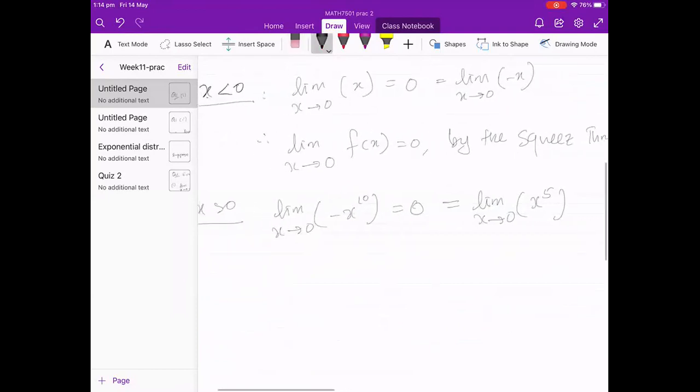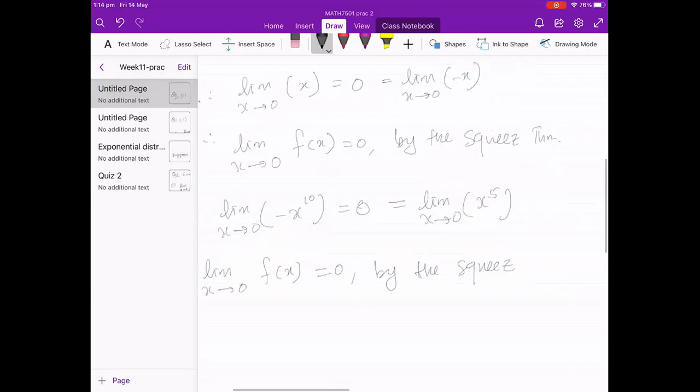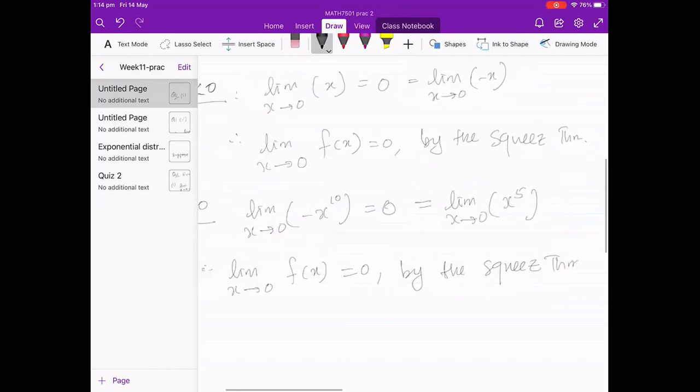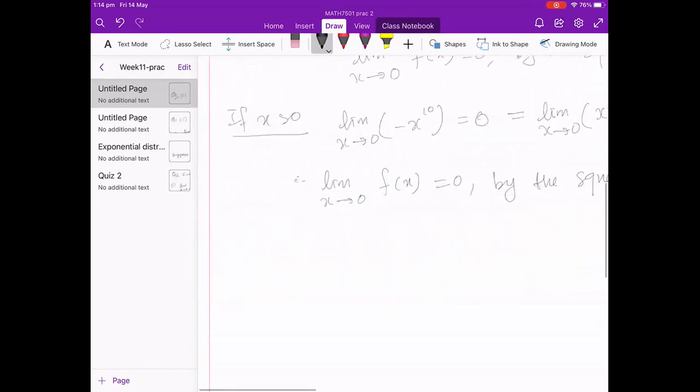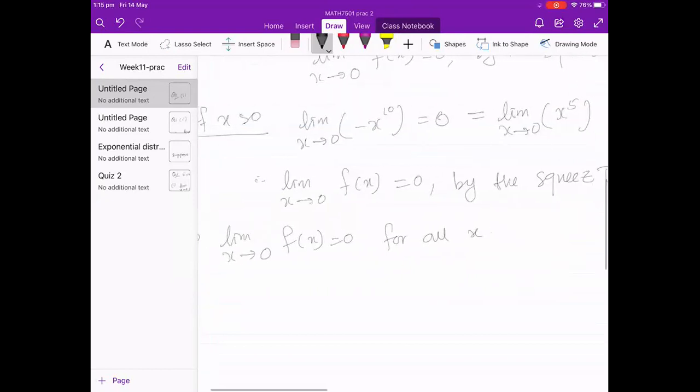Therefore, the limit as x tends to 0 of f(x) equals 0 by the squeeze theorem. So in conclusion, from these two parts, the limit as x tends to 0 of f(x) equals 0 for all x not equal to 0, except x equals 0.